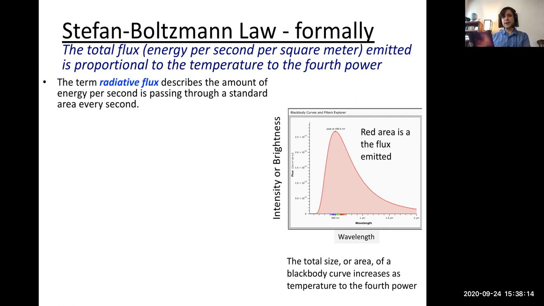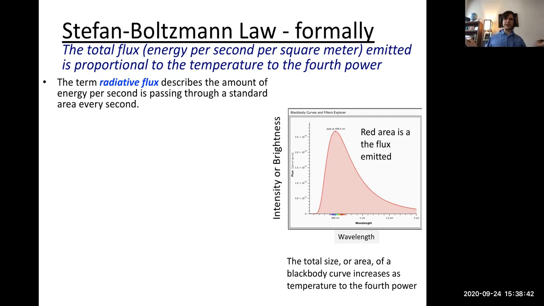So the radiative flux is going to describe how much energy per second, how many watts, are passing through some standard unit of area. So maybe it's something like how much light is passing through, say, 1 square inch. So it'd be the watts per square inch. Or maybe it's going to be an area of 1 foot. How many watts per square foot?